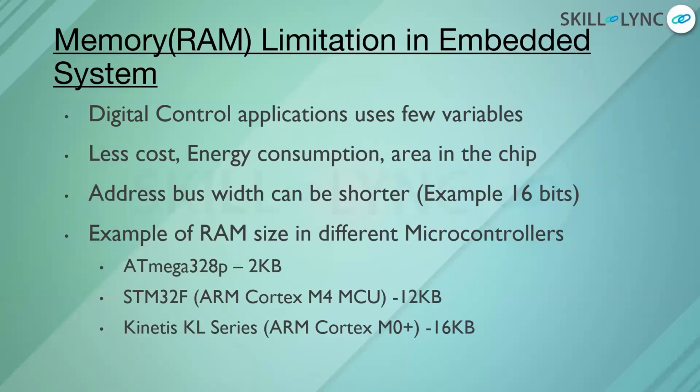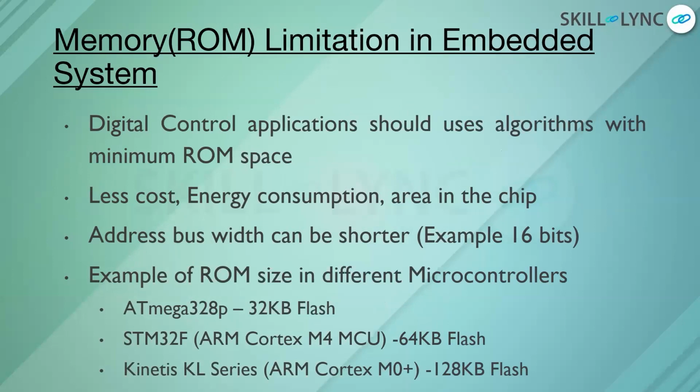The STM32F, which is ARM Cortex-M4 or M7 based, will typically have 12 KB of RAM. If you take an 8-bit controller, the Atmega328P, it will have only 2 KB of RAM. And if you consider the ARM Cortex-M0 Kinetis KL series, it will have 16 KB of RAM.